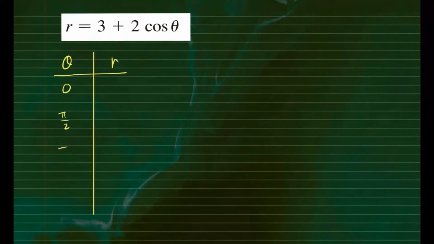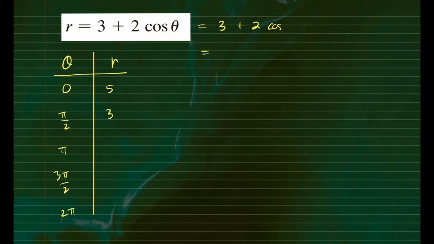Try to come up with a picture, again by making a table of values for theta and r. Let's go with the usual ones: 0, pi over 2, pi, 3 pi over 2, and 2 pi. When theta is 0, this will be 3 plus 2 cosine of 0. Cosine of 0 is 1, so this is 3 plus 2, that would be 5. When theta is pi over 2, cosine of pi over 2 is 0, so this is 3 plus 0, that would be 3.